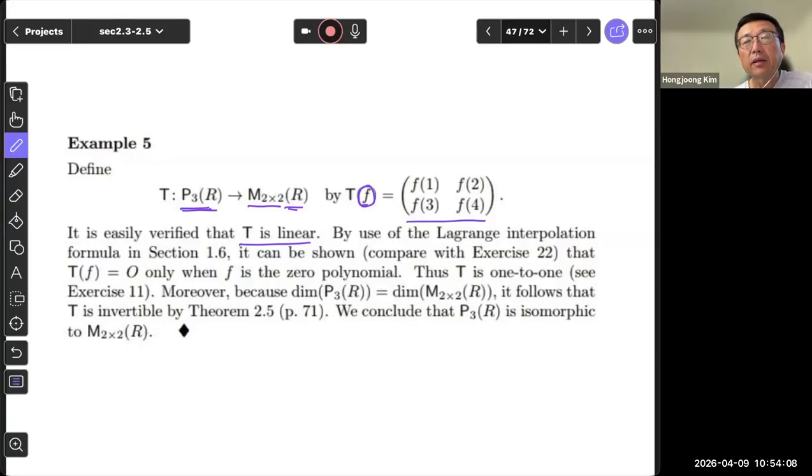And P sub 3, what is the dimension of this? 4. That is the dimension of M sub 2 by 2 space. So dimensions are the same. And is it one-to-one? Yes.